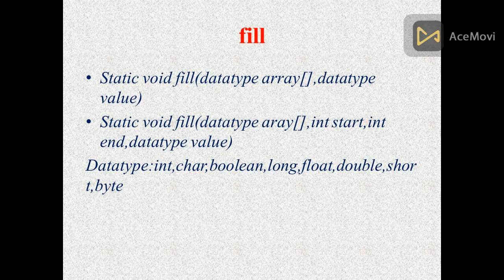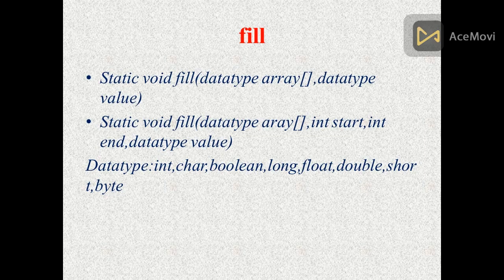We can also use it with a range of elements in the array. If you want to fill the elements in a particular range, we have to specify the start and end position.